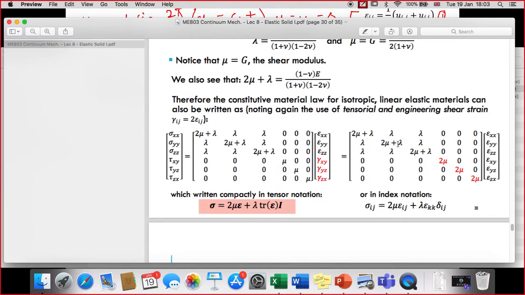So let me just stare at this to point out that if we only have epsilon 1,1, only epsilon xx exists, all the other terms are 0, then can someone already spot which stresses will exist?